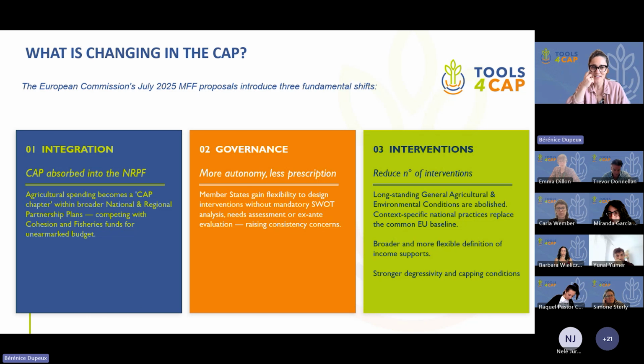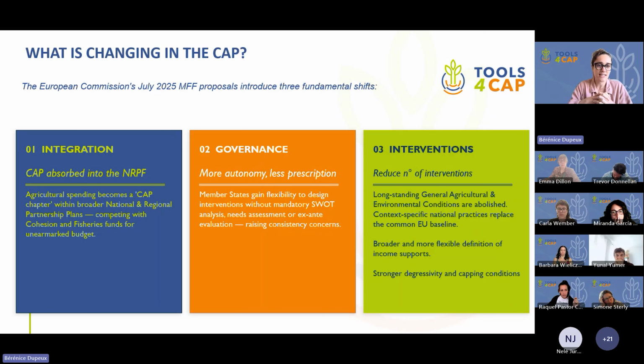Well, I think you are all aware that the CAP is now absorbed into the NRPP funds. What does it mean? The CAP is part of rather broader national and regional partnership plans, where there will be an agricultural chapter.